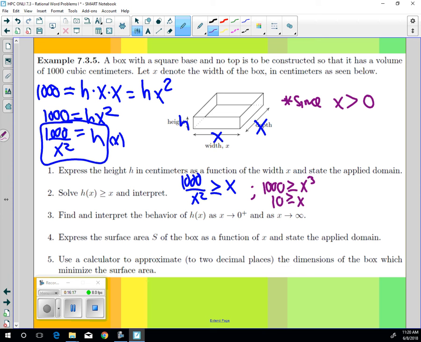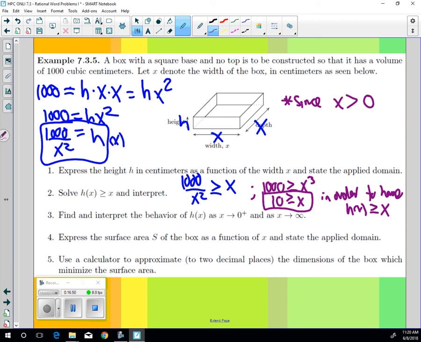Whoops, did I do that wrong? Wondering if I did that wrong. Height is greater, okay. Yeah, so if x is larger than 10, you can't have a height greater than the width. So in order to have height greater than the width, you're going to have x less than or equal to 10.